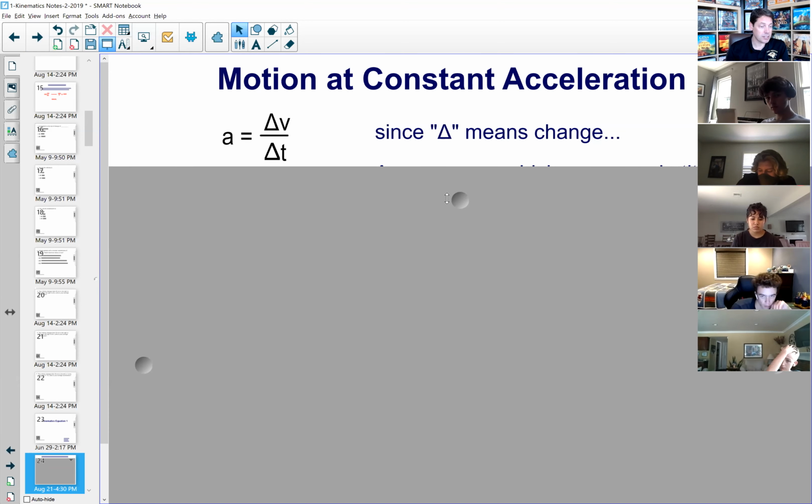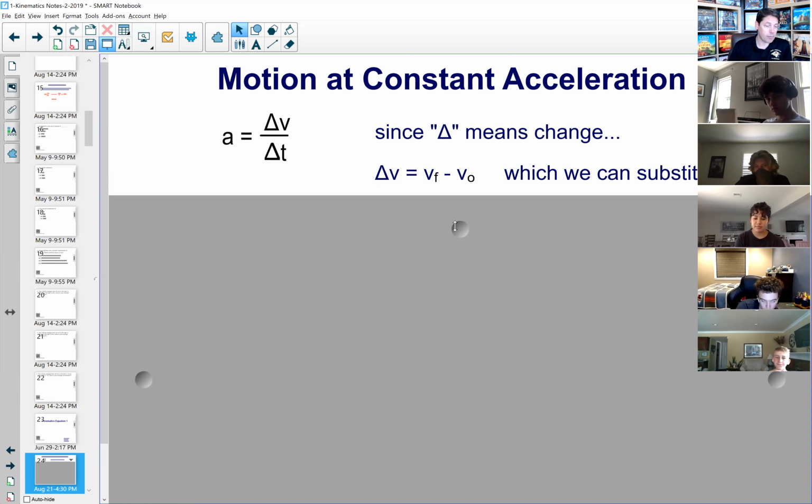We know acceleration is defined as change in velocity over change in time, where that delta symbol just means change in. The first step is one we've already seen on an earlier slide: delta V is just final velocity minus initial, and we can substitute that in for delta V.